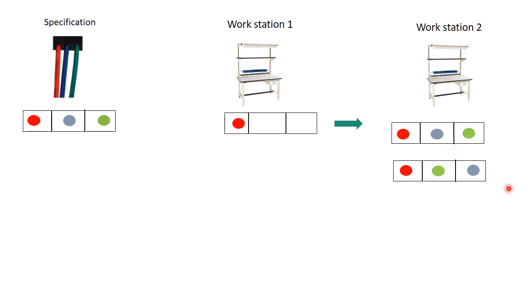In this case, how many degrees of freedom? We have 2 degrees of freedom. One is they can put it this way, the other one they can put it this way. And as we have seen, the first one is okay and the second one is not okay.